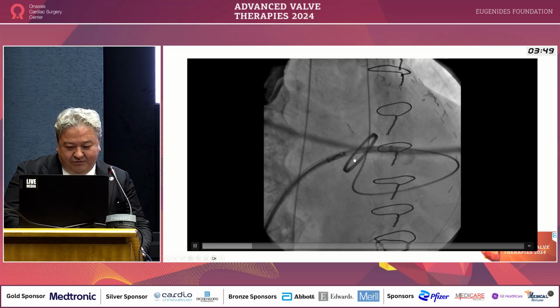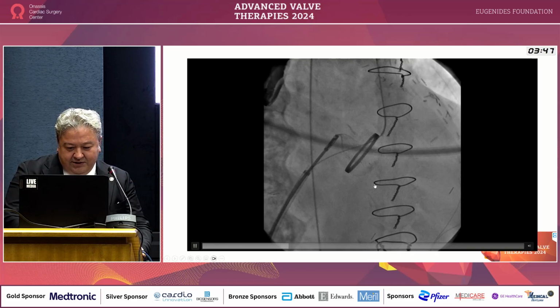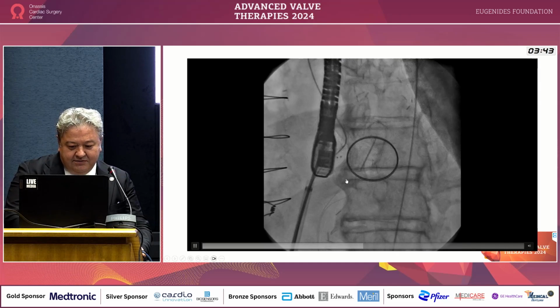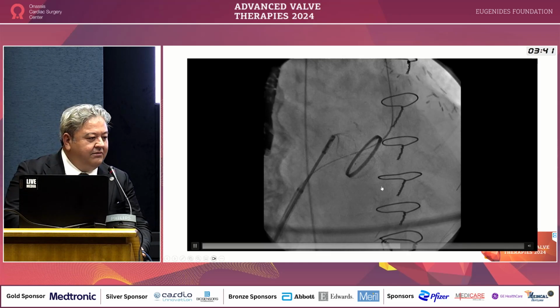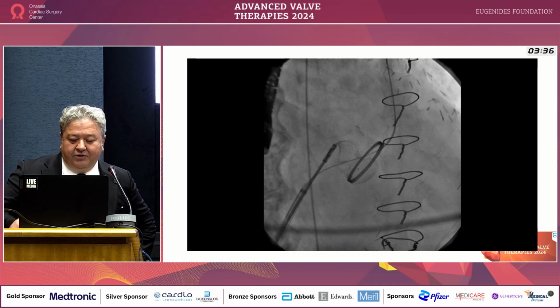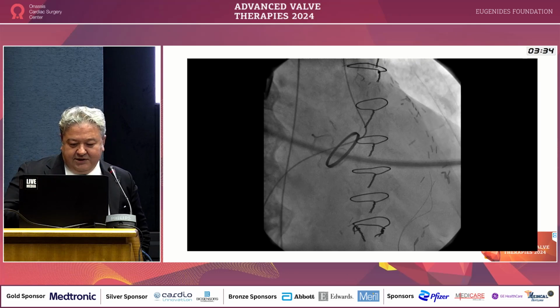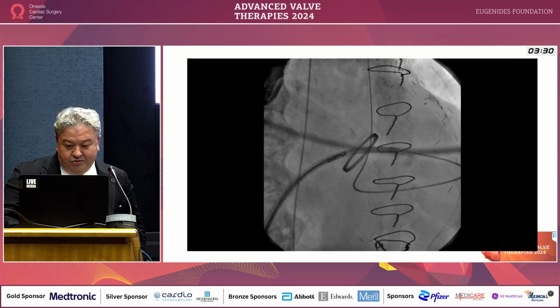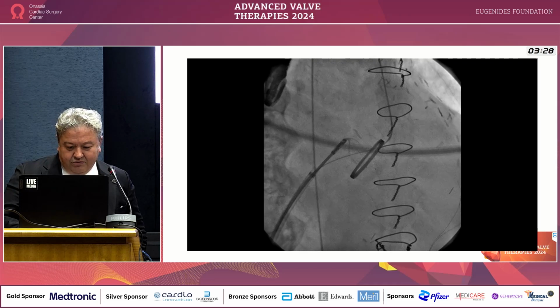Because of this wire loop, you can easily put your device, and if you don't like the position, it gives you an opportunity to change the device and your way. So it's a very, very good approach nowadays. I always use wire loops.